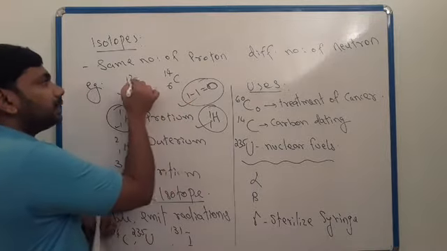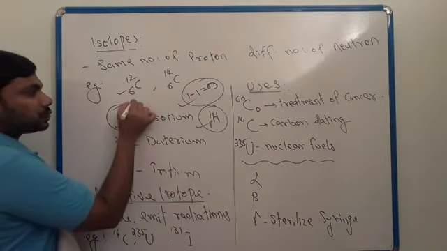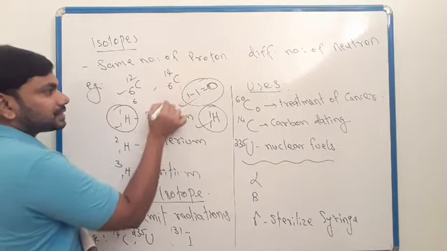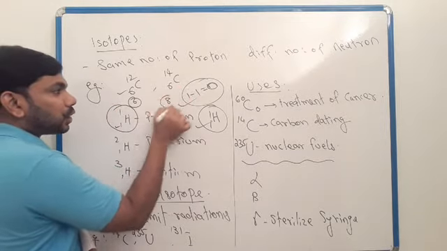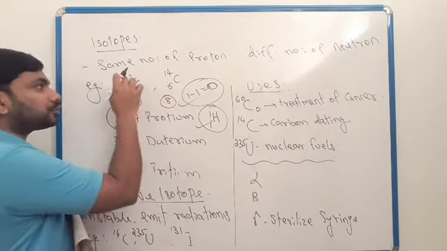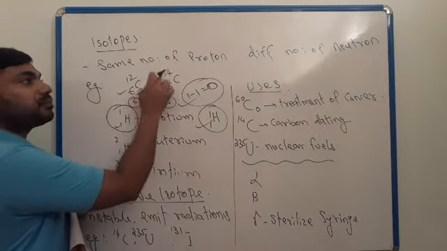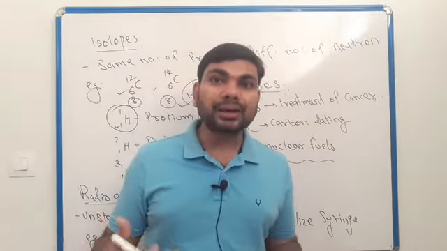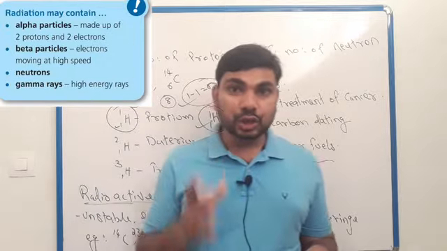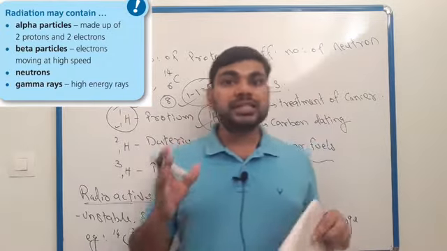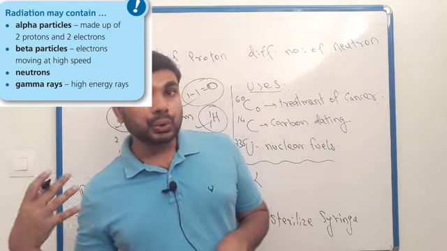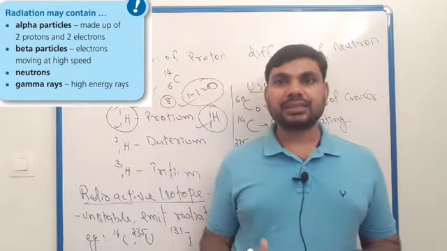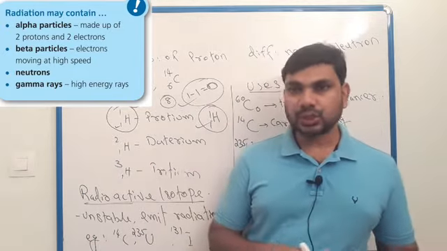Look here, 12 minus 6, 6 neutrons; 14 minus 6, 8 neutrons. So the number of neutrons will be different, or you can say the mass number is different, or the neutron number is different for isotopes. For isotopes, the atomic number or proton number is the same, and the mass number or nucleon number will be different. Clear? This is about isotopes.